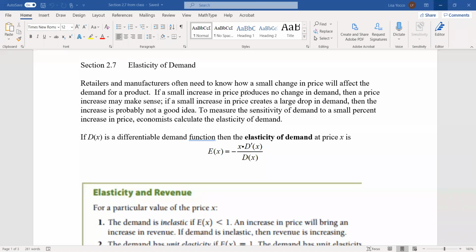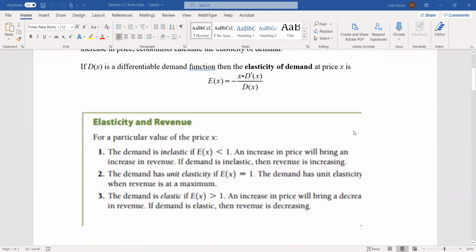All right. So we'll use that formula to compute the elasticity of demand, and then based on that, we'll make one of these choices.